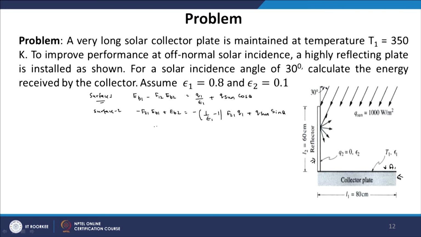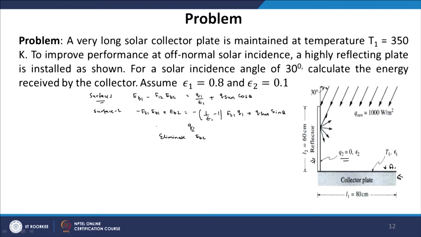Now, what we are basically interested in is the amount of flux on surface 1, Q1 we are interested in. So, we will eliminate EB2, and Q2 is given 0, this is insulated. So, the reflector plate is insulated. So, Q2 is 0. So, we eliminate EB2, the temperature of the reflector plate is not given. So, it is a variable, but we do not need it.